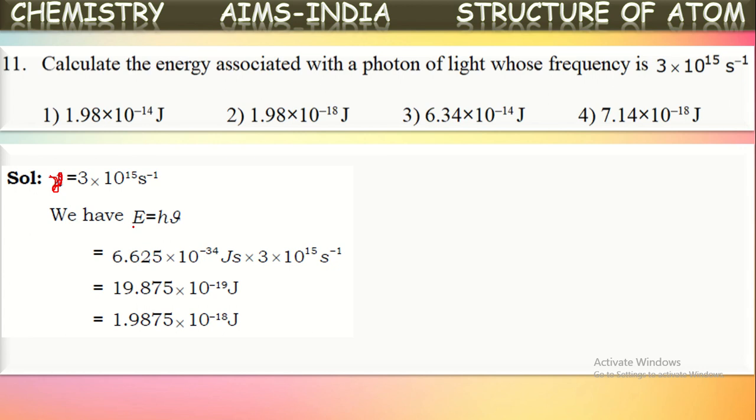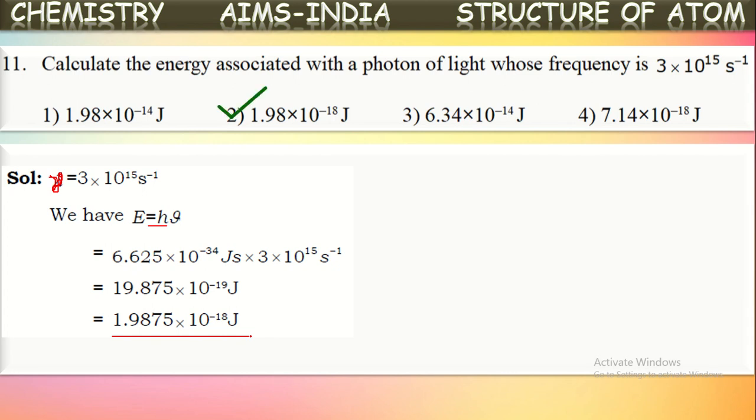And here h is Planck's constant, whose value is equal to 6.625 into 10 to the power of minus 34 joule second. Now h, Planck's constant value, is known. Frequency is given. Now we can calculate energy by substituting these values. What do we get? Finally, by substituting these values, we get 1.98 into 10 to the power of minus 18 joules. Where is the answer? Here, in the second option.